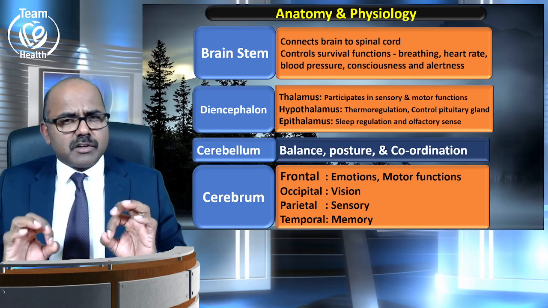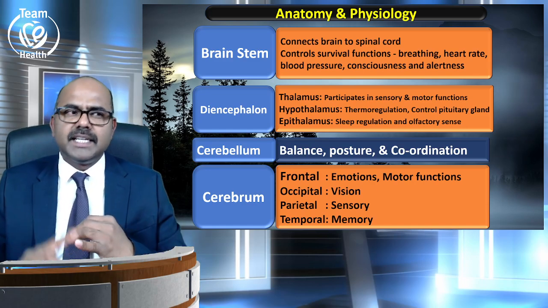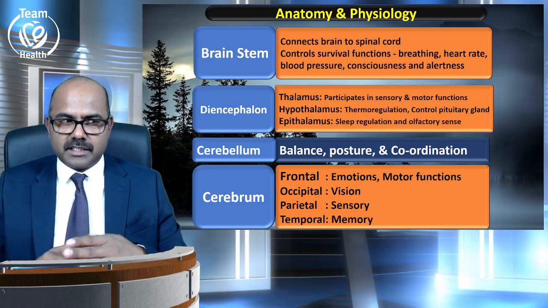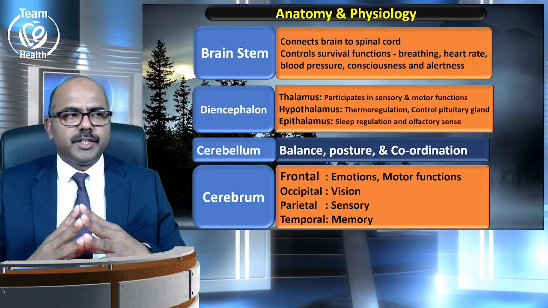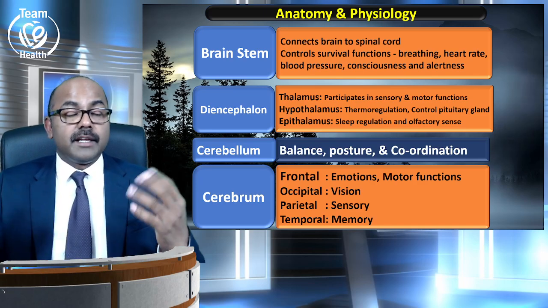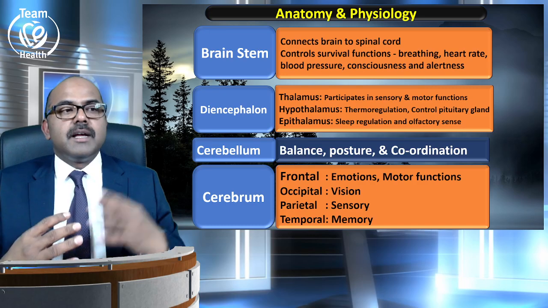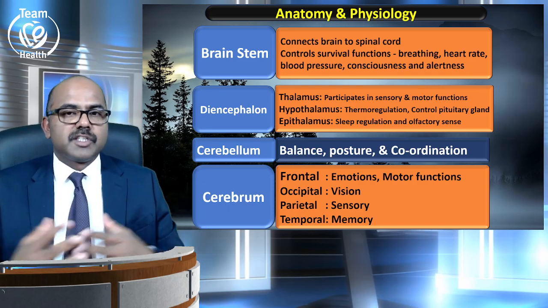And it controls the vital, survival functions of the body, like breathing, heart rate, blood pressure, and basic consciousness and alertness. All these vital functions of the body are controlled by your brainstem. So even after your higher functions, like your thinking and your emotions, are gone, even after your cerebrum is dead, if the brainstem survives, you will still breathe and your heart will still beat.